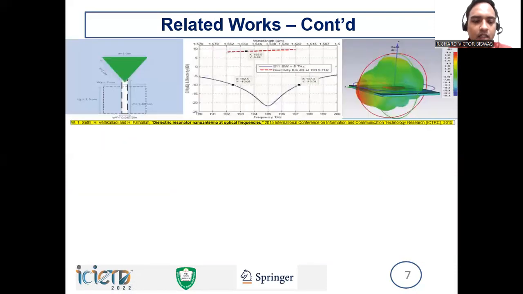Next, Shetty et al. demonstrated a dielectric resonator nanoantenna at optical frequency. The simulated nanoantenna achieves an impedance bandwidth of 2.58% and an end-fire directivity of 8.6 dBi, covering all the standard optical transmission windows at C band.